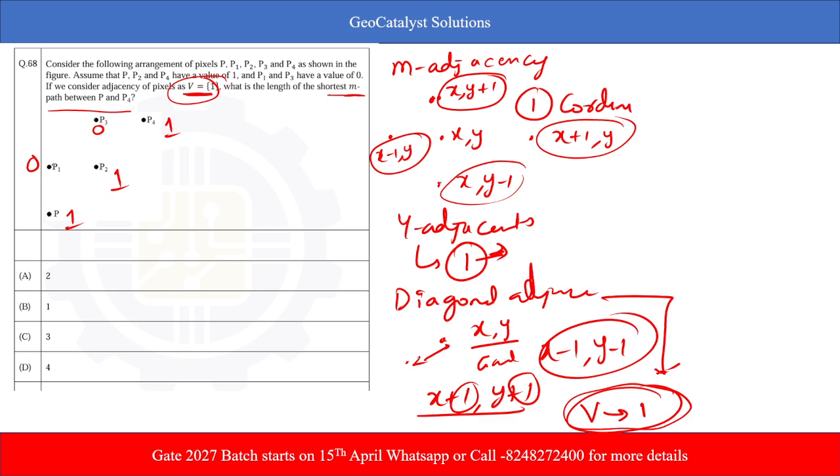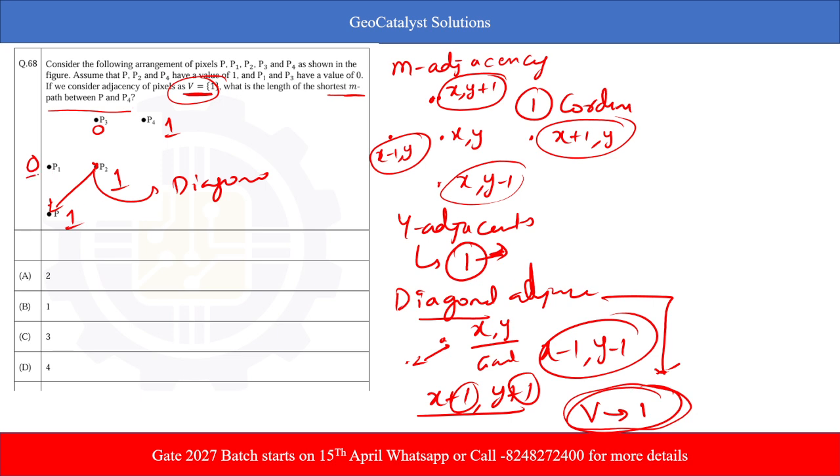That is by diagonal adjacency, and what is the condition? There should not be any V equal to 1.